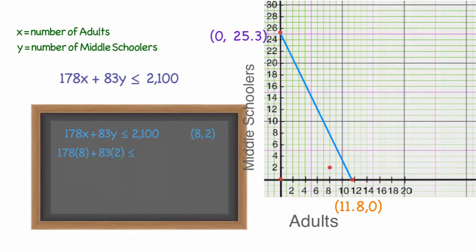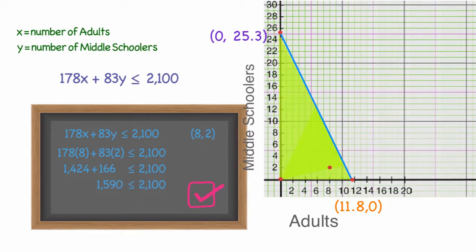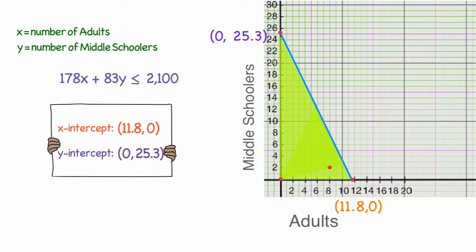Let's check that. So it looks like I can shade below this line here. And I'm going to stay on the positive x-axis and the positive y-axis since this is a real problem here. So I'm not going to have negative x values or negative y values. So I'll just shade within this triangle here to represent all the possible solutions.